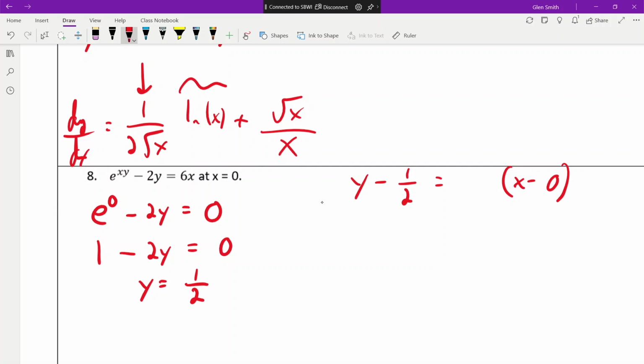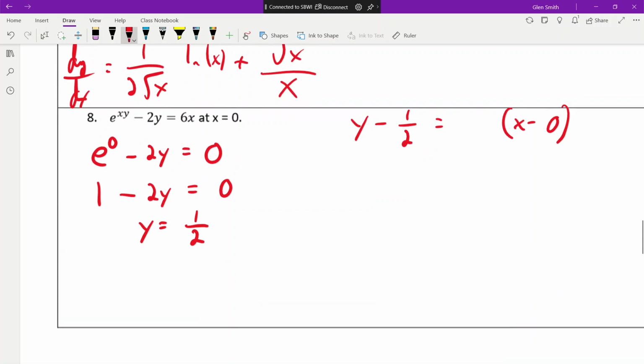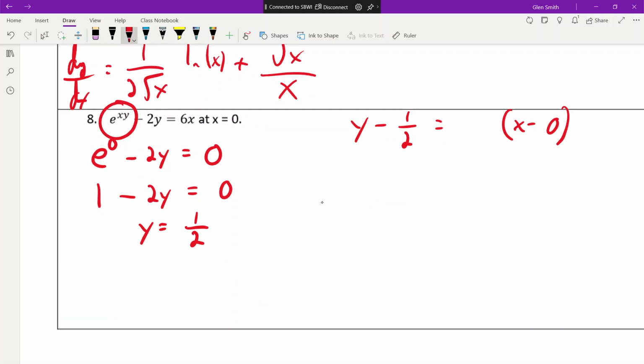Which means for our tangent line, we have that. Okay? So I was looking for, did you find y? Or did you attempt to find y? And then we need the slope, which is the derivative. So we derive this thing. The derivative of e to a power is the same thing times the derivative of the exponent.